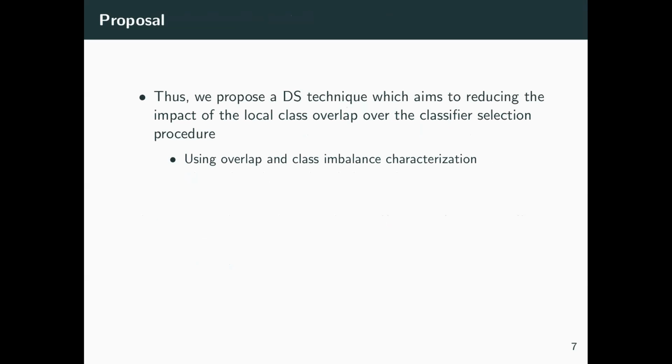So in this work, we propose a dynamic selection technique which attempts to reduce the impact of the local class overlap in the selection of the classifiers, using the characterization of instances in order to improve the choice of classifier.